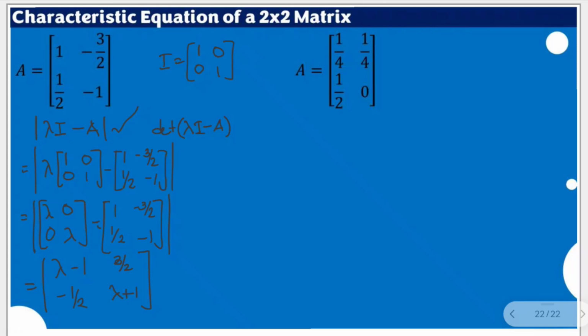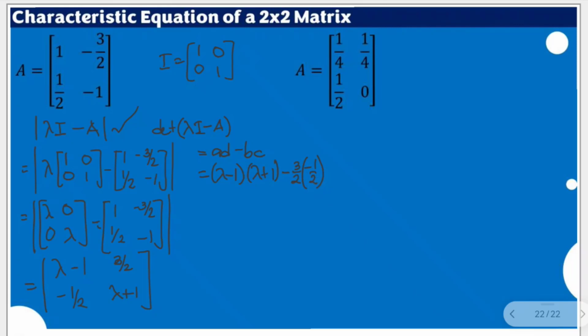And the next thing here is to solve for the determinant in order for us to get the characteristic polynomial. The determinant for a 2 by 2 matrix is simply AD minus BC. So our A here is lambda minus 1 times lambda plus 1, that's our D, minus B, which is 3 halves, times negative 1 half.